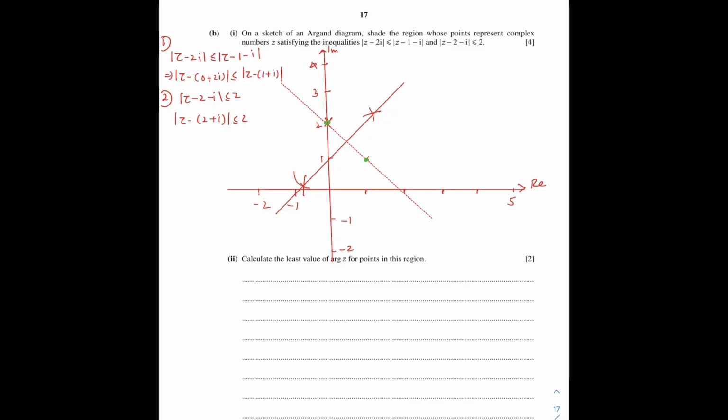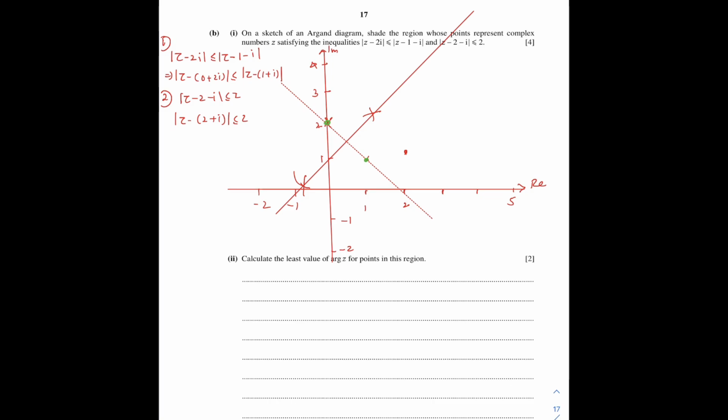Let me try again. Alright, I hope it's correct. Next one. Now it says center 2 plus i and radius 2.